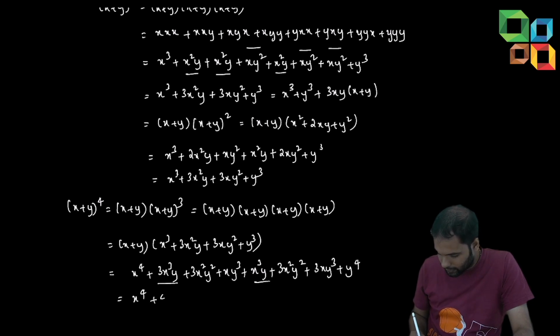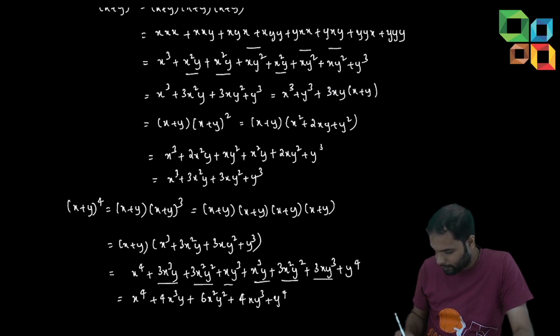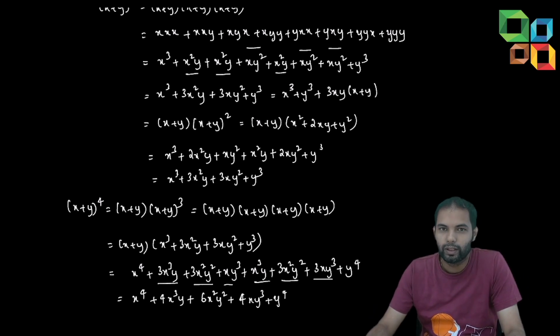So it's plus 4x cube y. Next, 3x square y square. There's 3x square y square here and here, so 6x square y square. Plus xy cube, xy cube, so 4xy cube, plus y power 4. Okay, we got x plus y whole power 4 already.